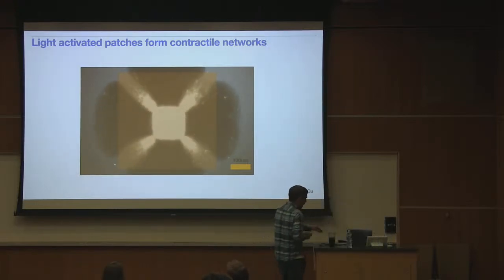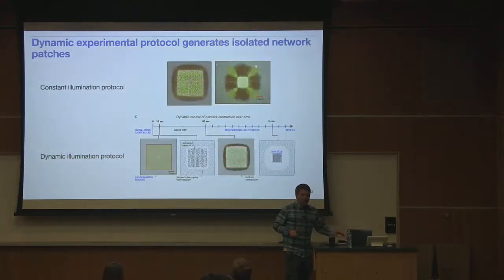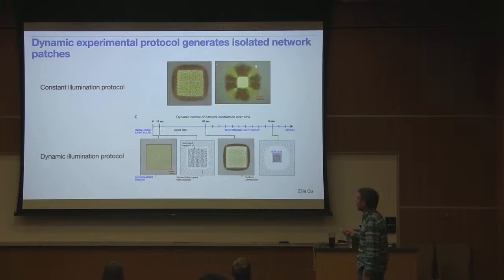Again, just to speak to the power of what a lot of you are doing here, which is developing new engineering technology, we found that we could use this light system to generate an optical illumination protocol which would sever the microtubule network from the background and allow us to isolate its dynamics. What I'm showing you on the top is what happens for the constant illumination protocol.